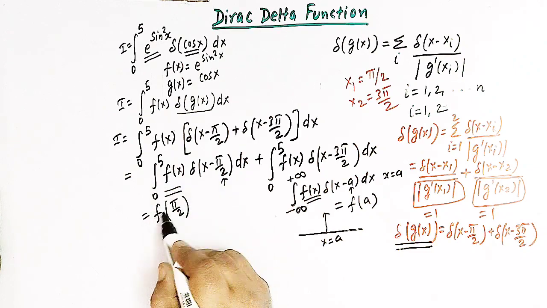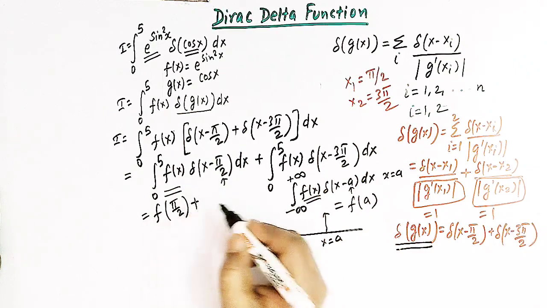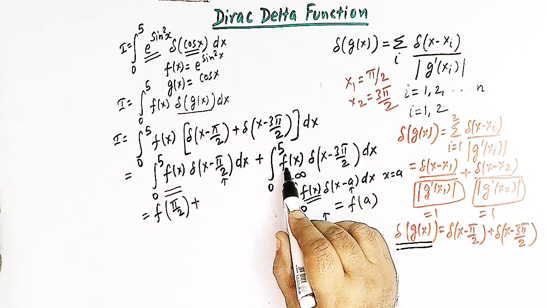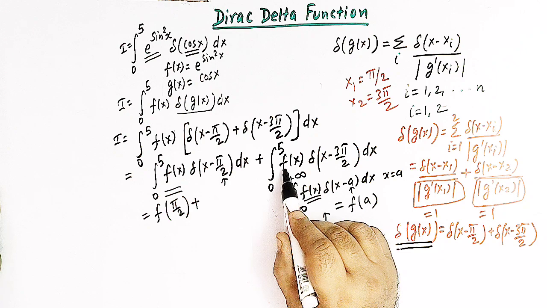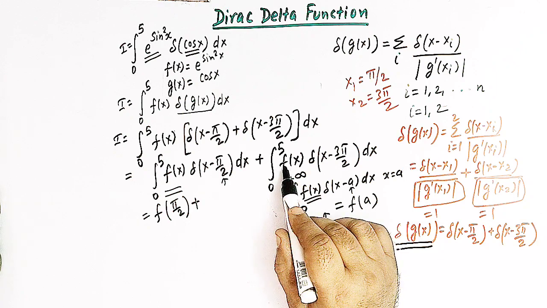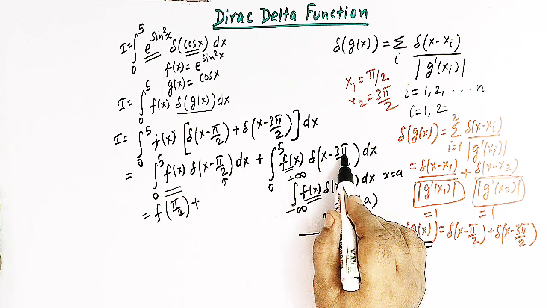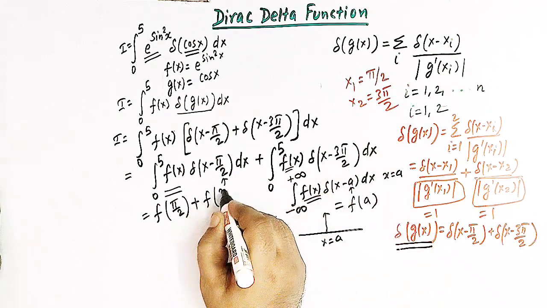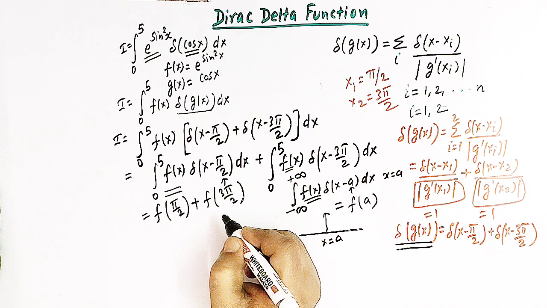Similar is the case with this integral. The value of this integral is equal to the value of the function at the point 3 pi by 2. So here we have f of 3 pi by 2.